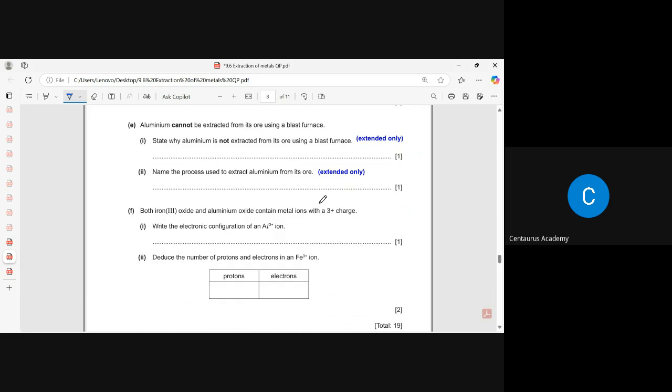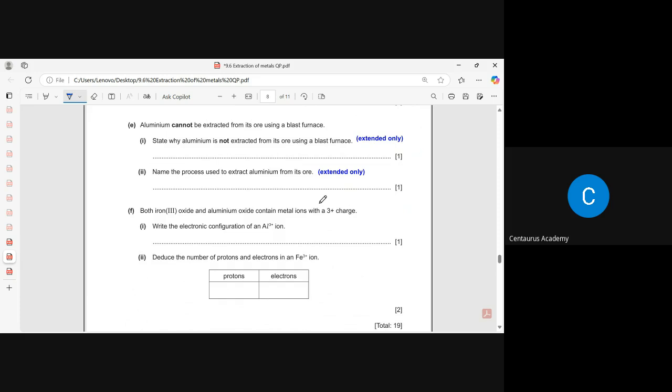So you have to mention it in the chemical name.